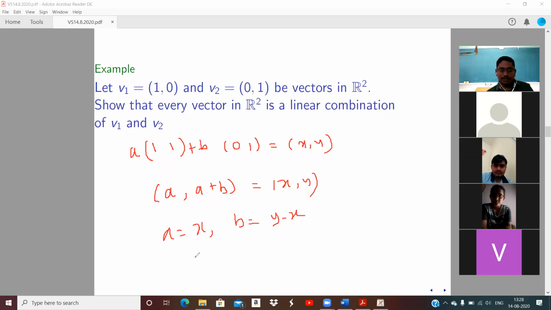So you can see x into (1, 1) and y minus x into (0, 1). Just calculate it and find it. So it is (x, y) always.